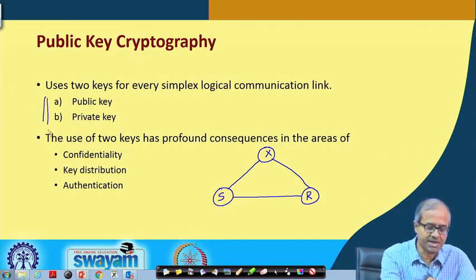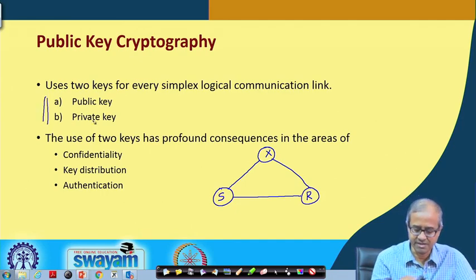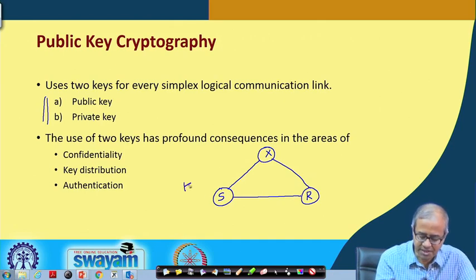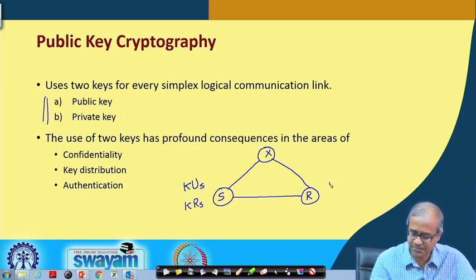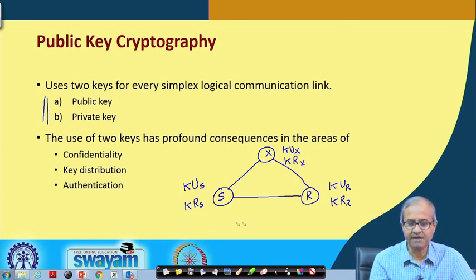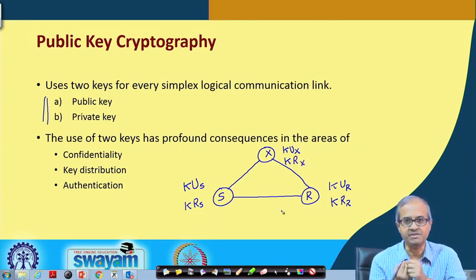One is called a public key, one is called a private key. Notationally, I can denote the public key by KUS and the private key by KRS. So, here there will be KUR and KRR, and here KUX, KRX. So, every party will be having two keys.